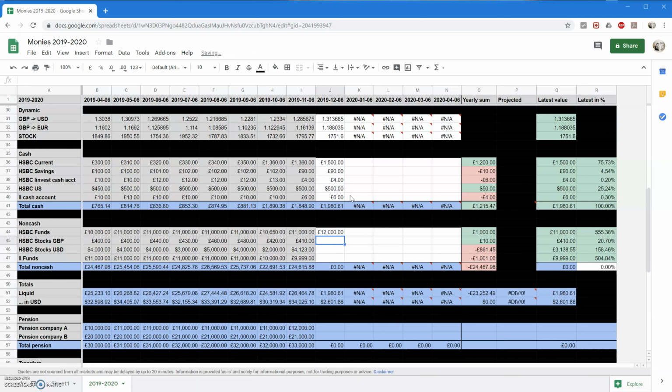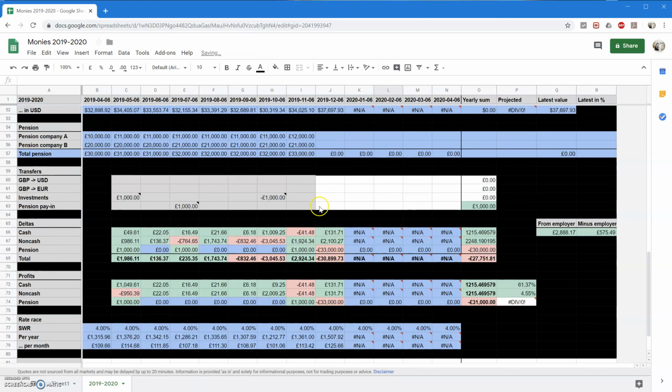Let's say that went up for some reason. Again, mark these as final values. I did not do any investment or change of currency.